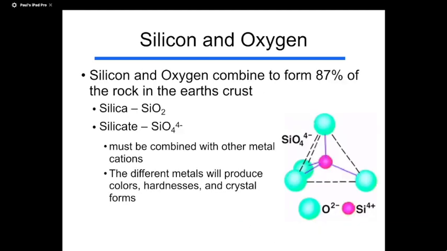Because silicon and oxygen are so important, there are two different ways they tend to combine in the Earth's crust. One is silica, which is silicon dioxide, two oxygens and one silicon. It binds pretty tightly, makes a crystal structure, and we find this material in several types of rocks and one mineral particularly.